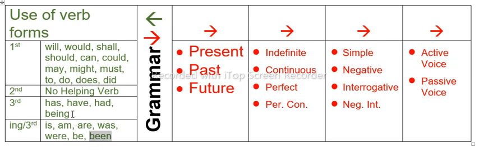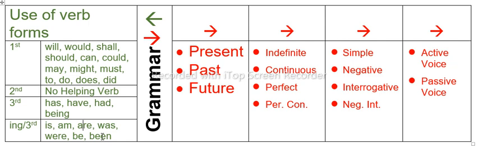Now let's talk about being. Being is an ing form. Okay. So ing form is used here in this row. So you can say is being, am being, are being, was being, were being, be being, or been being. Being is the last helping verb, okay?